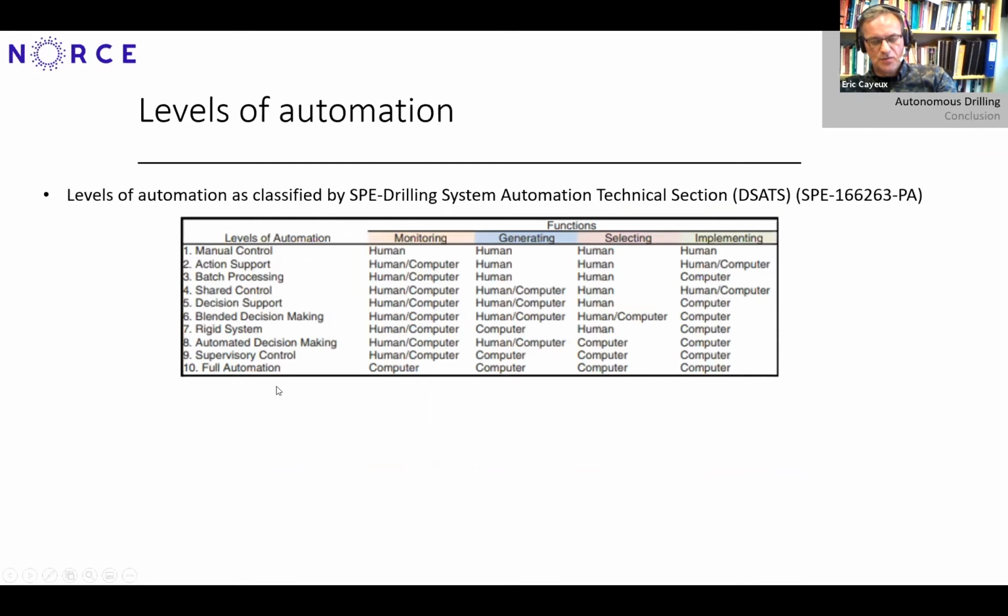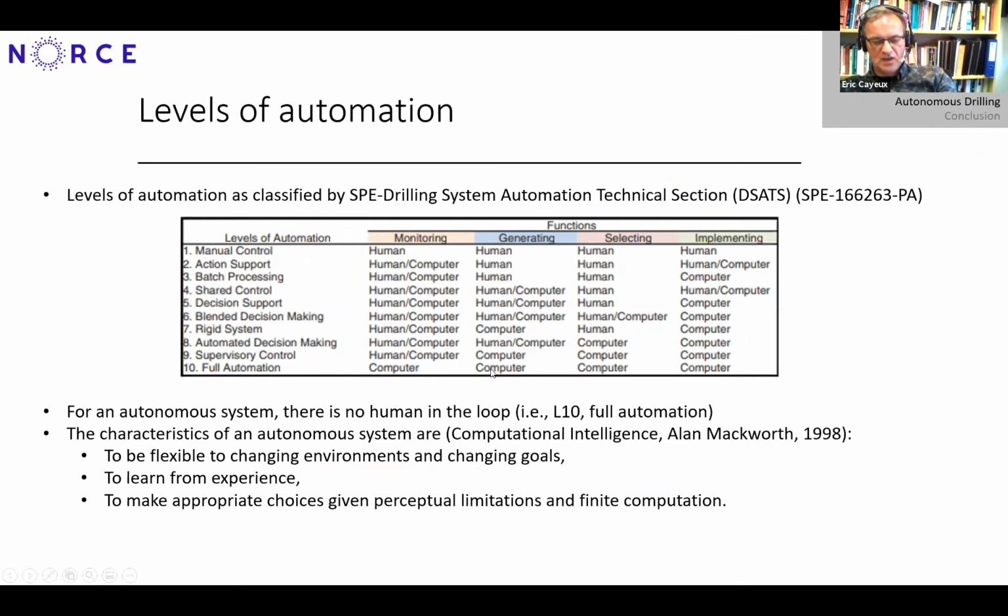Now, just a brief look at autonomous drilling. The classification from DSATs on drilling automation is a 10-level scale, where 1 is manual control and 10 is full automation. So we have a research project where we look at how to achieve full automation, a completely autonomous system, where there is no human being involved.